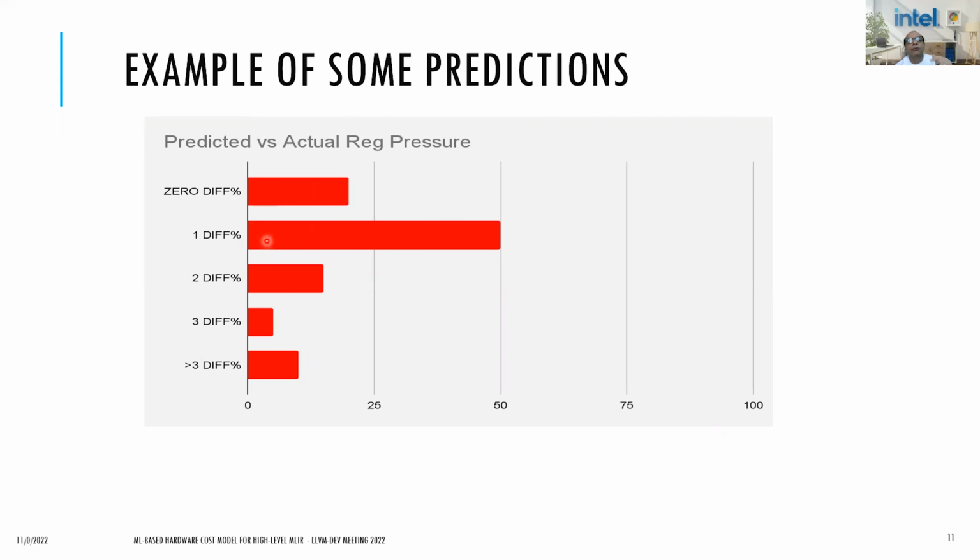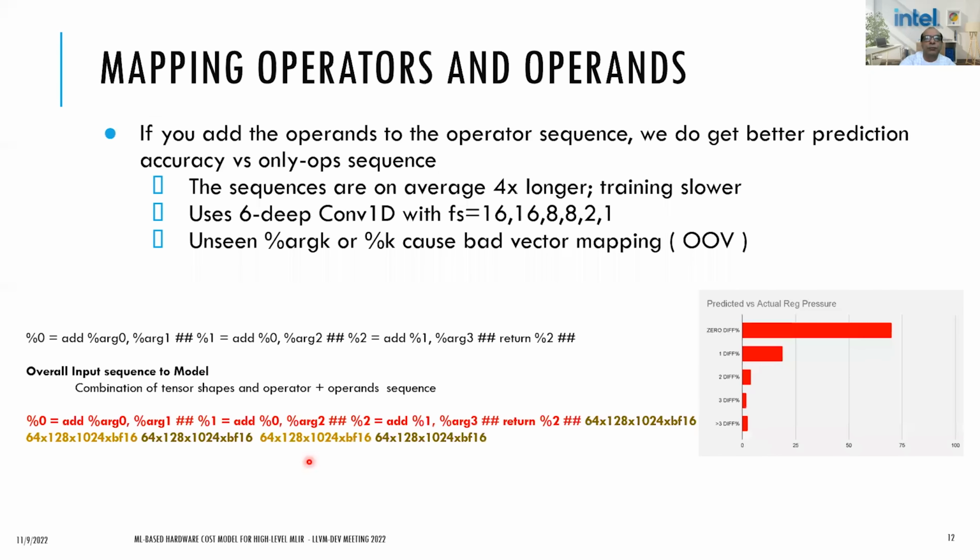Where there is a difference of 1 register, it's about 50%, and so on and so forth. And the percentage where you have a difference of greater than 3 registers is very low, close to about 6 or 7%, which means that you're doing a fairly good job with respect to register pressure prediction when you are using this kind of a system with MLIR at a high level and using this NLP kind of model.